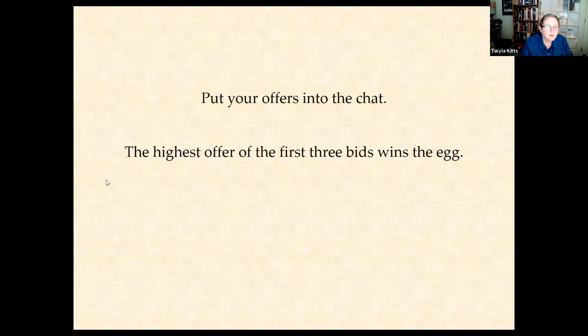So it looks like 500, 100, 100, 1,000, 1,000. Let's see, the first 3 bids. I think we're looking at from Stephen on. 500, 1, 2. So it looks like Jenna, is it Gubbles?